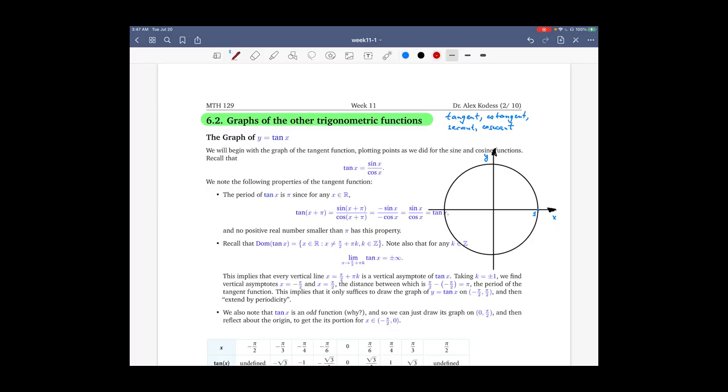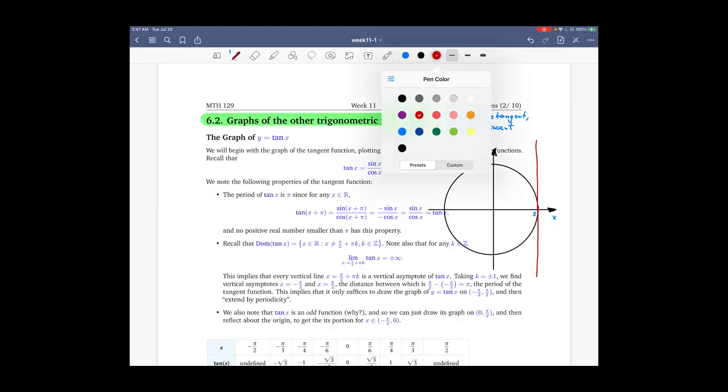If I draw a straight line that is vertical and passes through the point 1, 0, that line can be viewed as the tangent axis.